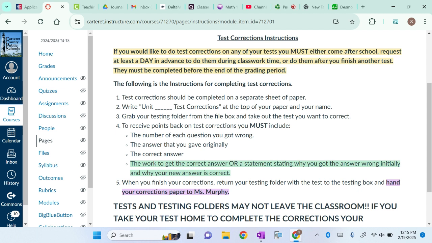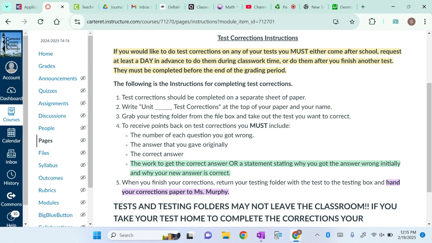Now, basically how it's going to work with test corrections: I'm almost done cleaning out the box from last semester, so let's not start test corrections until tomorrow. But with test corrections, I have this box right here. It will have all my classes' tests in it. It'll be by number. So the tabs on these folders are first, second, third period.